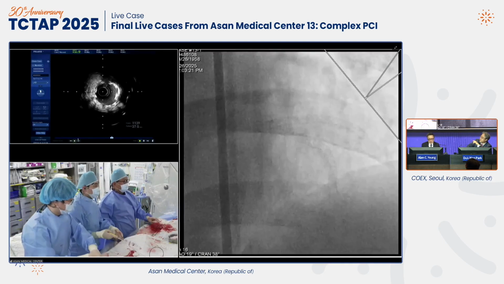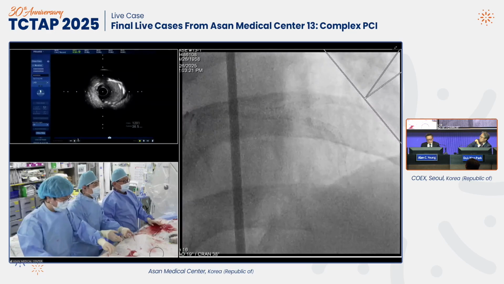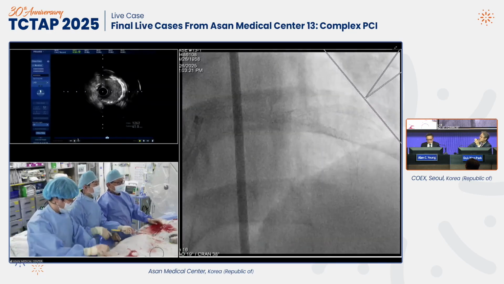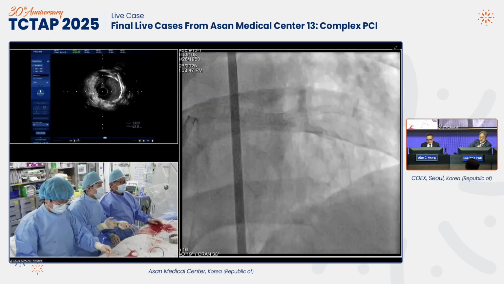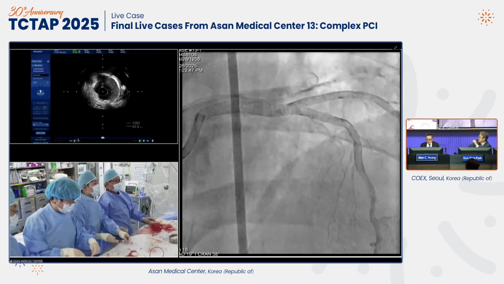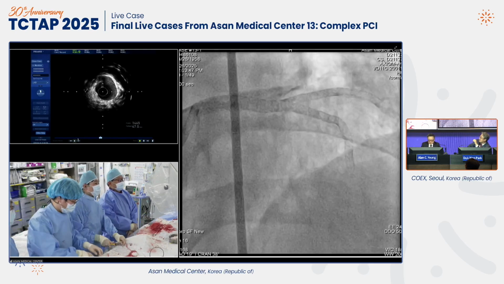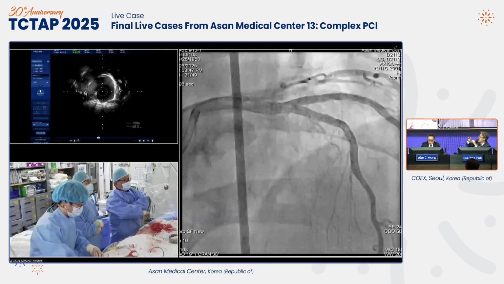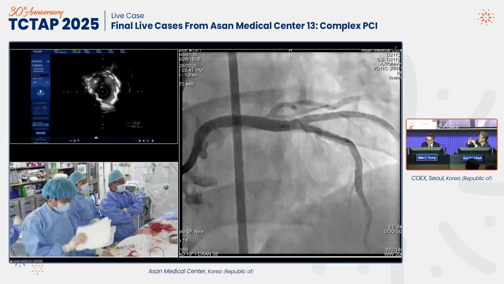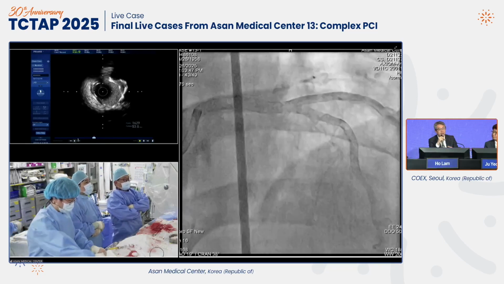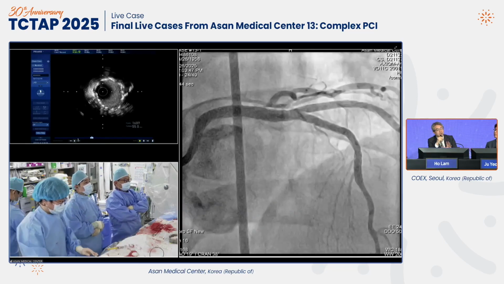Do you have experience after the final balloon dilation using an NC balloon? It seems like there is a limit on the expansion. Do you have experience with additional shockwave after stenting? I have a lot. We have done more than 500 or 600 IVL cases.